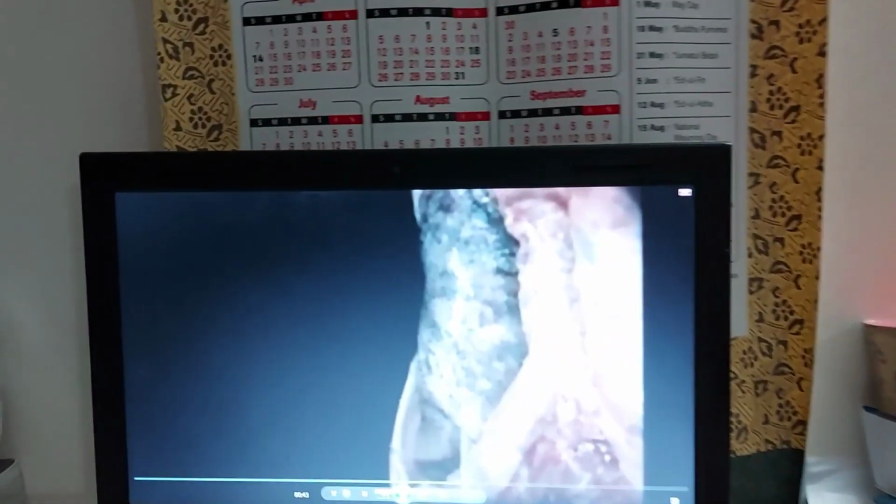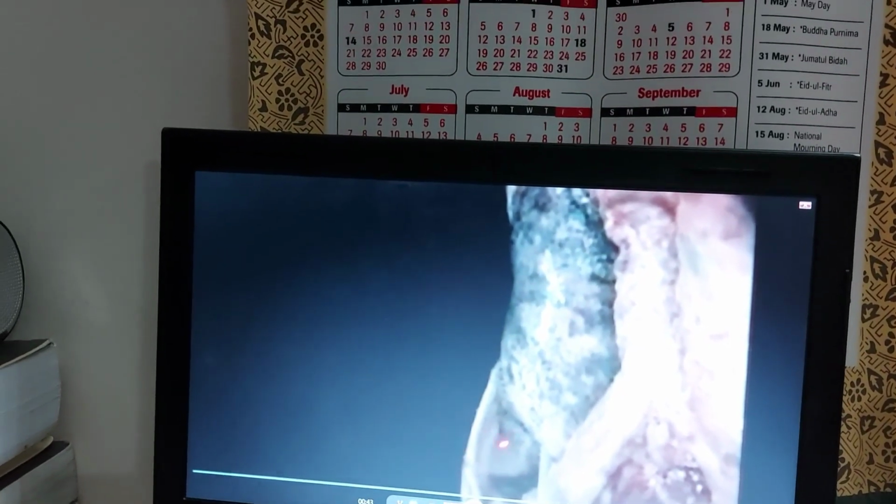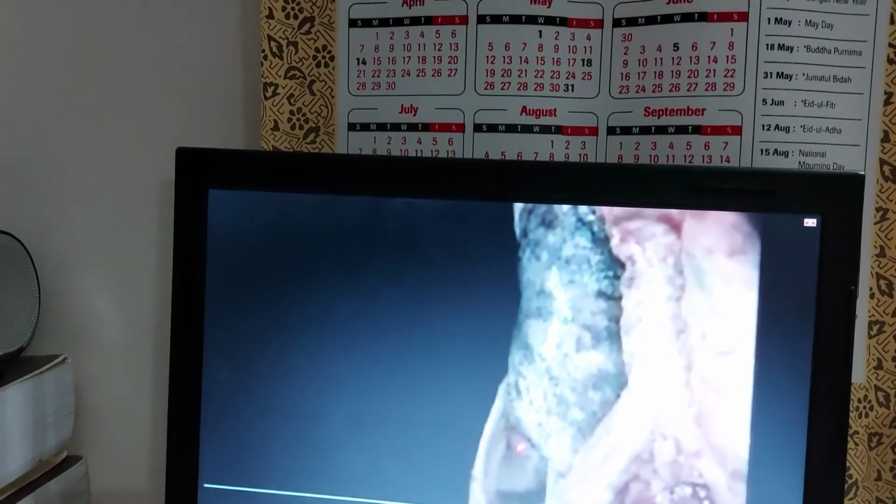Pleura is a very difficult thing. There are no images in your books or other places, so it is very difficult to explain. But I am trying to explain: in this image you can see the lung. Here is the lung, and there is a space in between the lung and the chest wall.